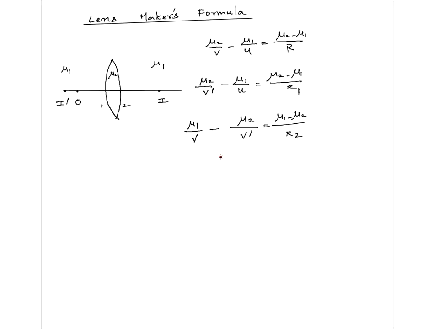We don't want V dash. We would like to add these. So on addition we would have mu1 by V minus mu1 by U equal to mu2 minus mu1 times 1 upon R1 minus 1 upon R2.